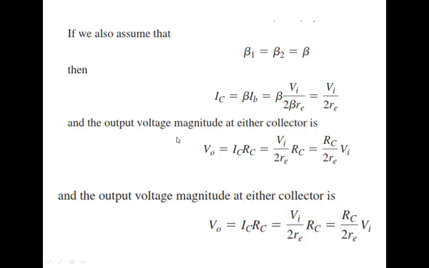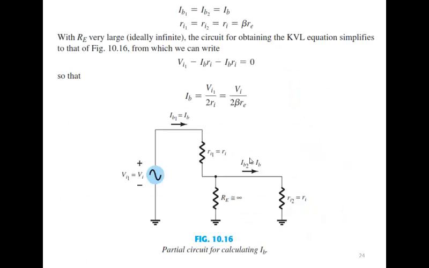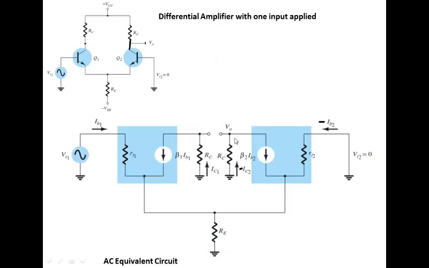And the output voltage magnitude at either collector would be equal to IC into RC. So this is the output, which would be equal to the current in this resistance, which is IC into RC.